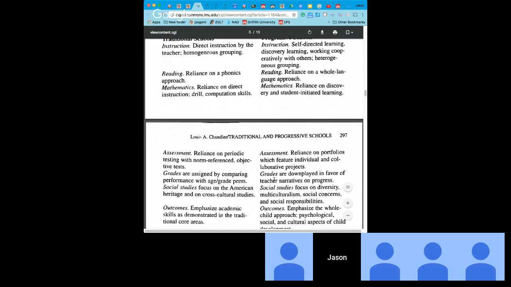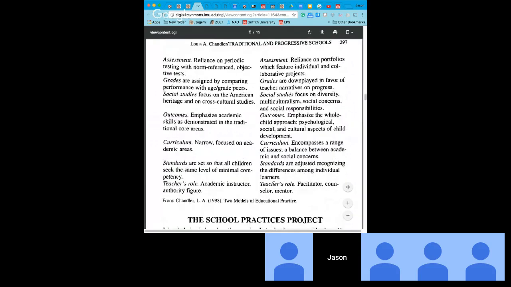Assessment in traditional schools tends to be relied upon set tests, tests of objectives, and are often norm referenced, while progressive schools have a focus around portfolios and often project-based and indeed collaborative project-based.